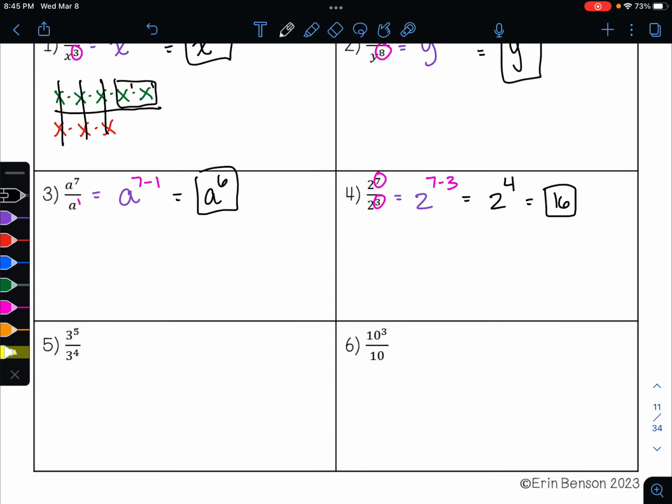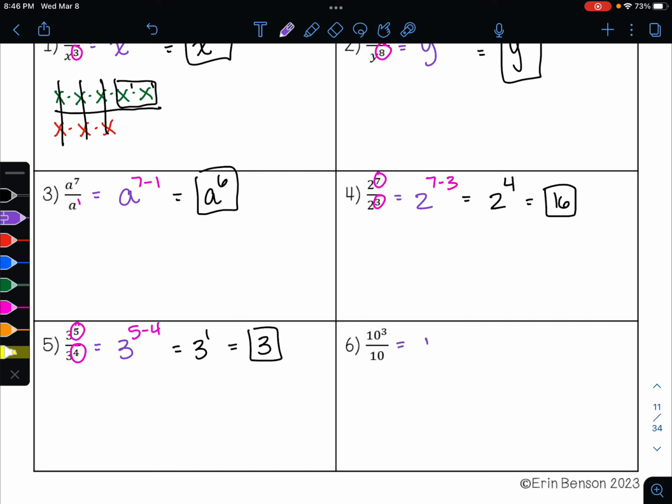On example 5, what is my base? My base is 3. And I'm going to subtract my exponents, 5 minus 4, numerator minus denominator, and get 1. 3 to the first is just 3. What is my base on example 6?